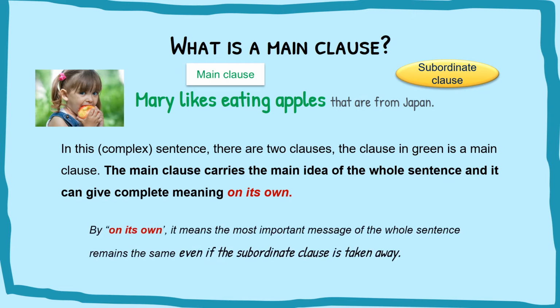When I say on its own, that means the most important message of the whole sentence remains the same even if the subordinate clause is taken away. To give you a more funny explanation, you may say the main clause is the big brother, while the subordinate clause is the little brother.